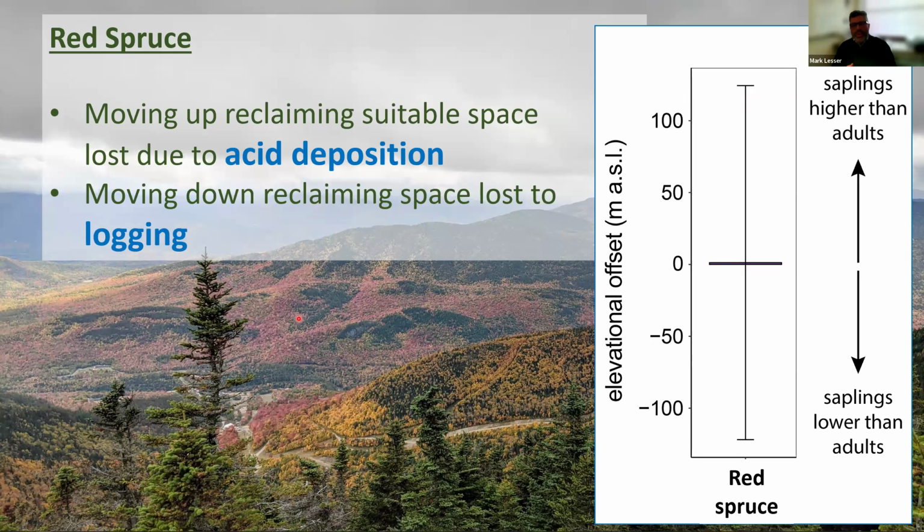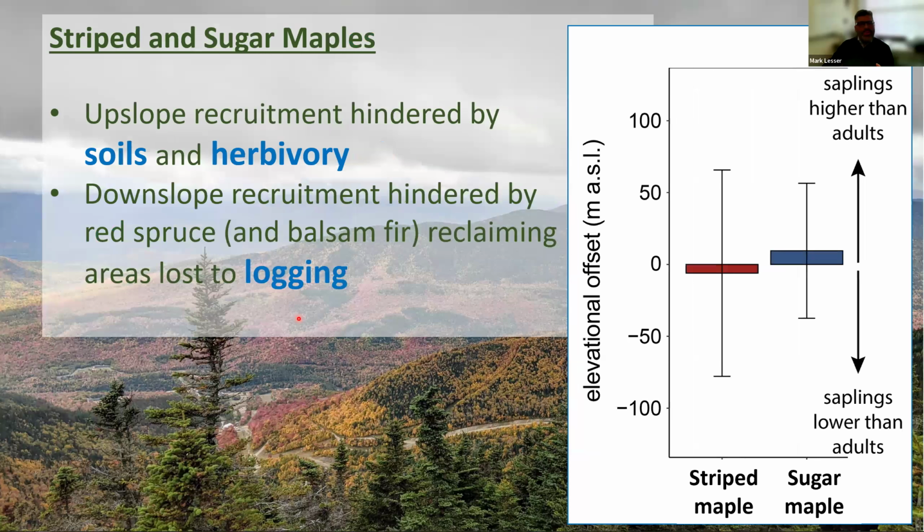It was also pushed upward out of its lowland habitats, mostly due to logging in the early part of the 20th century. And so it seems like it's expanding back out into its historical range, in different ways on different mountains.